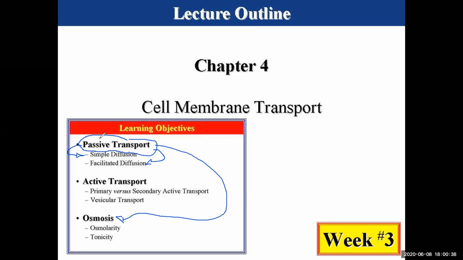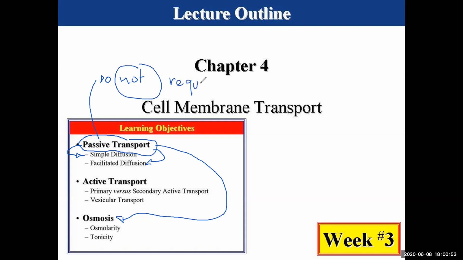So passive transport mechanisms do not require cellular energy. Right? So passive transport mechanisms do not require cellular energy.